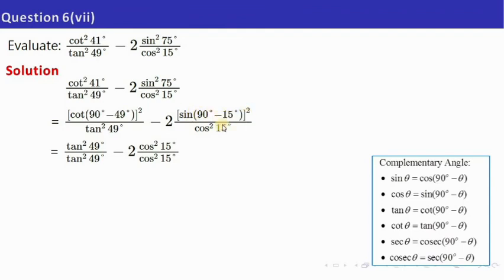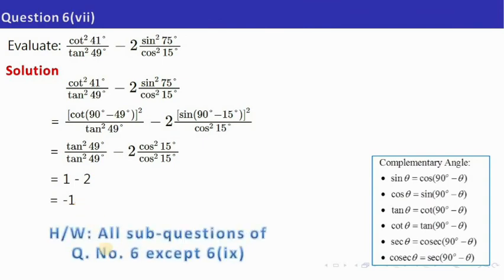Since there is a square, it becomes cos square theta, that is 15 degree. Okay, so this and this get cancelled, right? So this is only 1. Similarly, cos square 15 and cos square 15 are both the same, so they'll get cancelled, so only 2 will be left. So we have 1 minus 2, that is minus 1. So the answer for this particular question is minus 1.